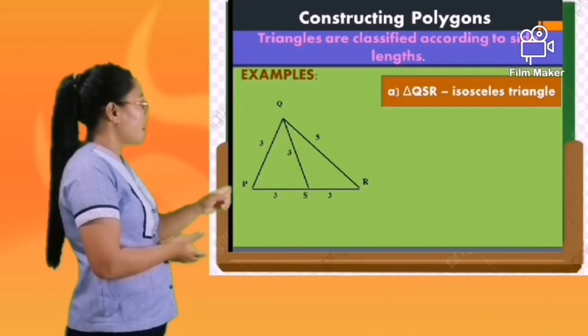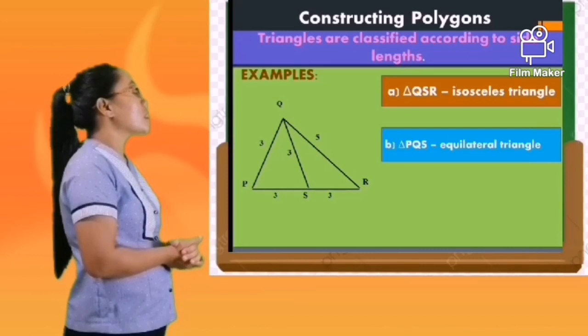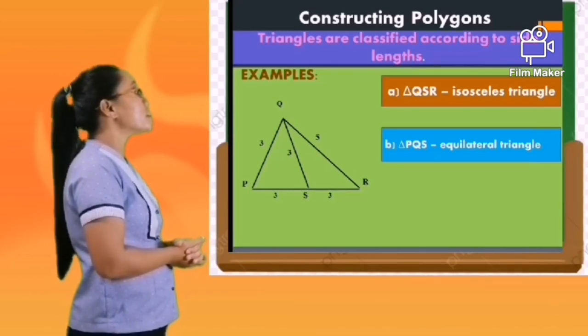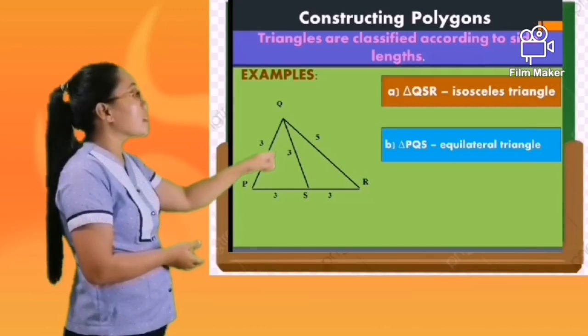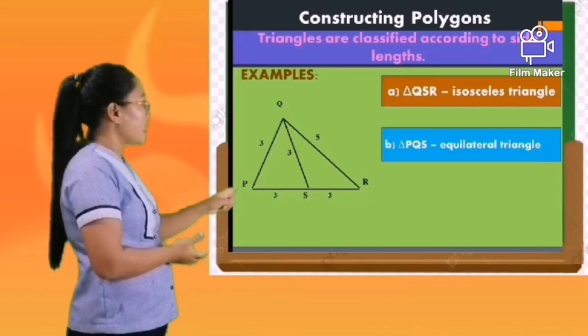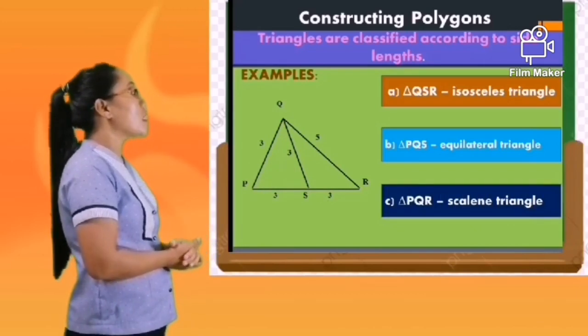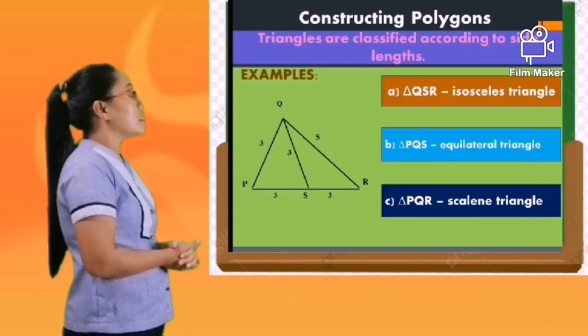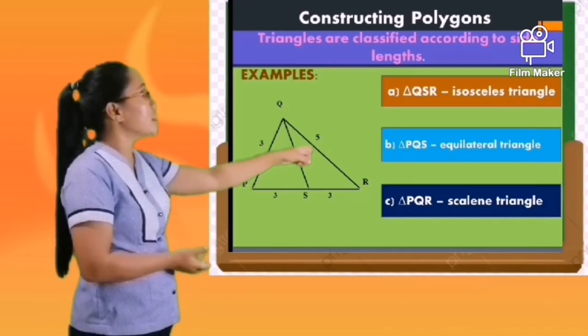Then triangle PQS is an equilateral triangle because the lengths of the sides are all equal, which is 3. Then triangle PQR is a scalene triangle because all the side lengths are not equal, which are 6, 3, and 5.